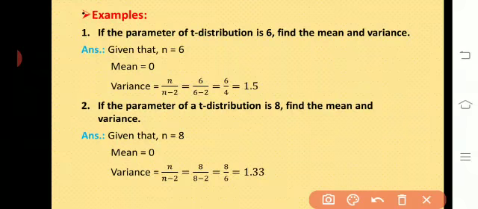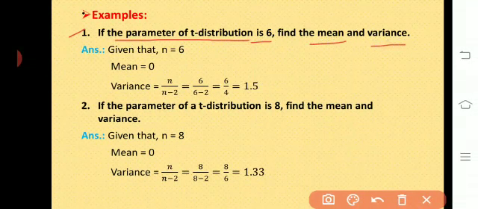Then we will solve some 2-mark questions on student's t distribution. The first question is: if the parameter of t distribution is 6, find the mean and variance of t distribution. Here the parameter of t distribution is given, that is n is equal to 6.